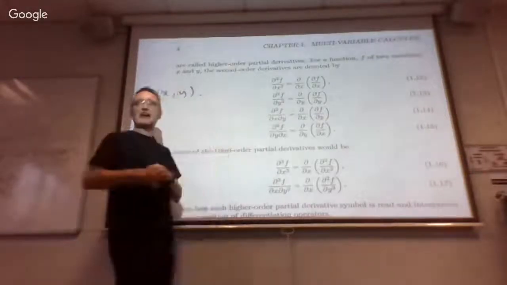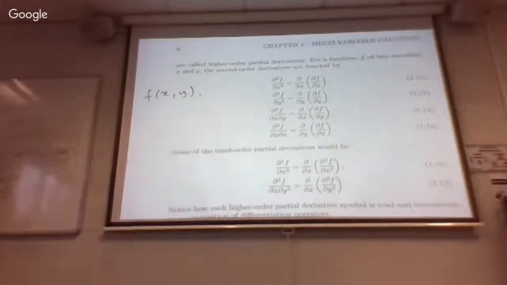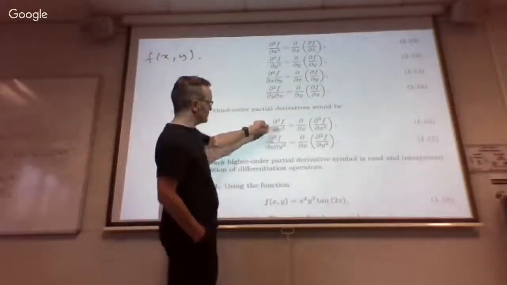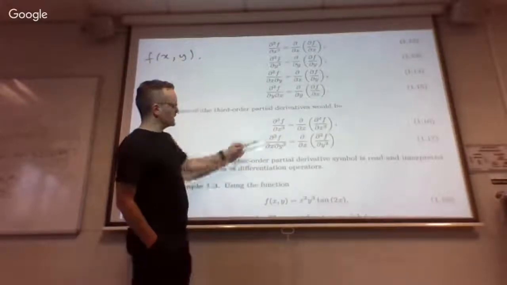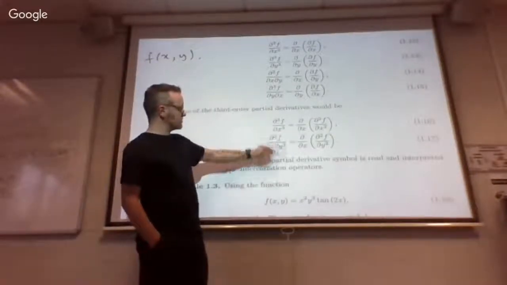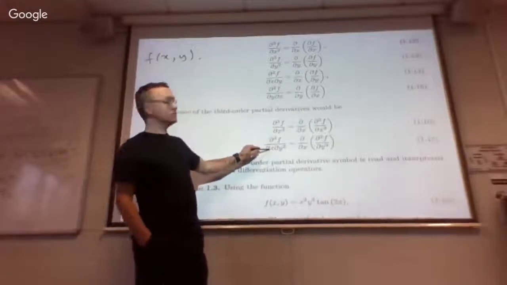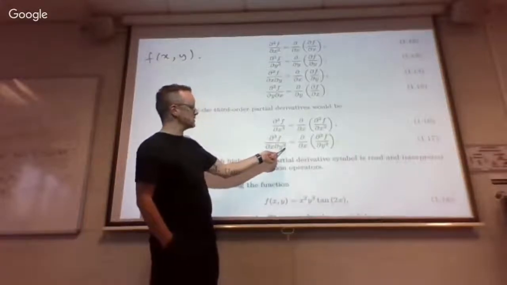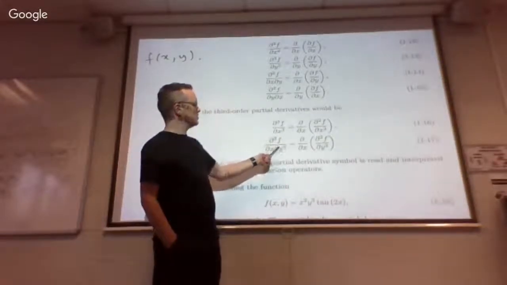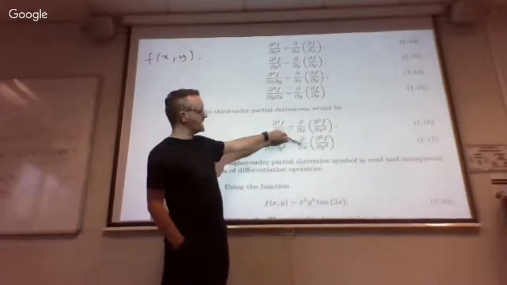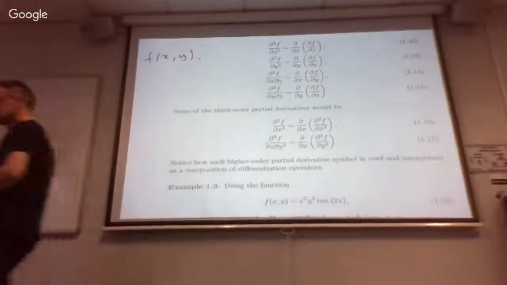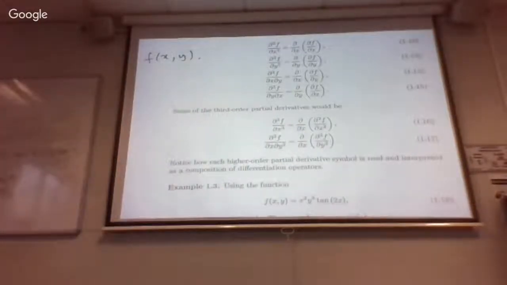We normally only encounter first and second order partial derivatives most of the time. But if you were to encounter something like this, d3f/dx dy squared, this would indicate a third order partial derivative because there's 3 variables here in the denominator, the 3 up here. And reading the variables, it's the rightmost one that's applied first. So those are 2 y derivatives and then an x derivative. So we're taking the x derivative of the second order partial derivative with respect to y.